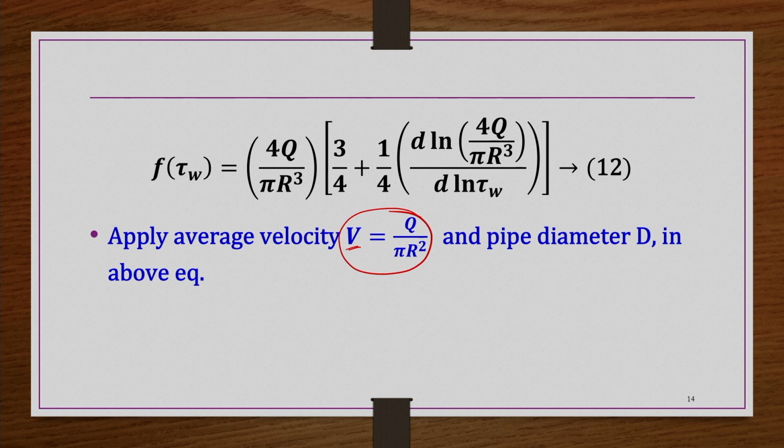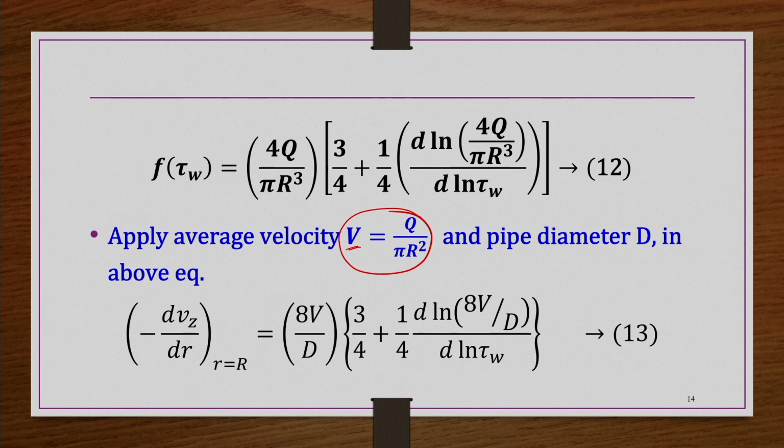So that average velocity let us take as v, and then in place of r, what you can write? You can write d by 2. Then you have this equation. Let us say we will do this one only. In place of q we can write v pi r square divided by pi r cube we are having.